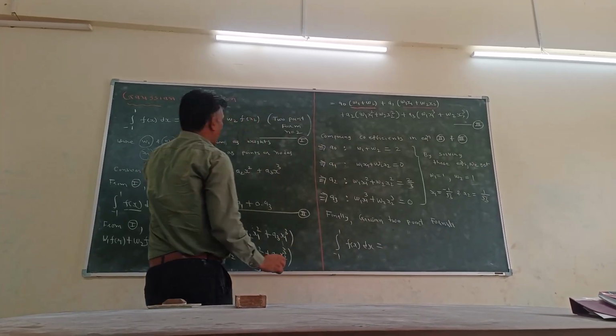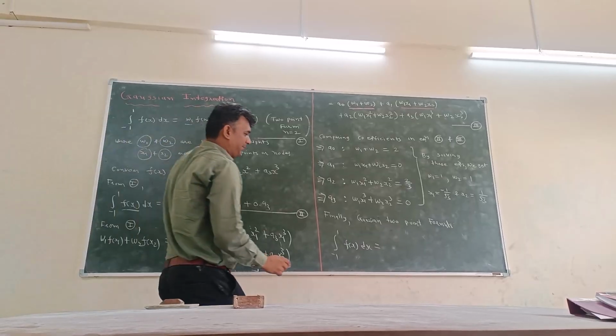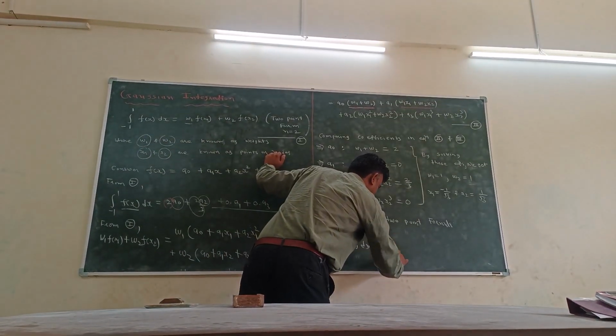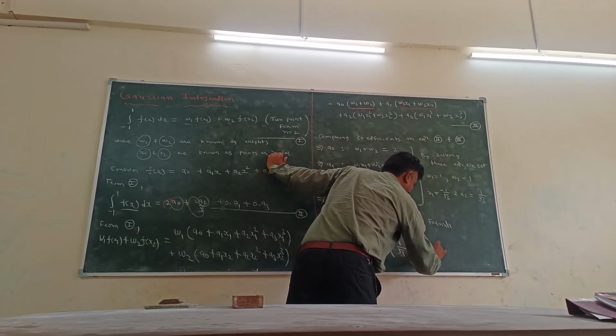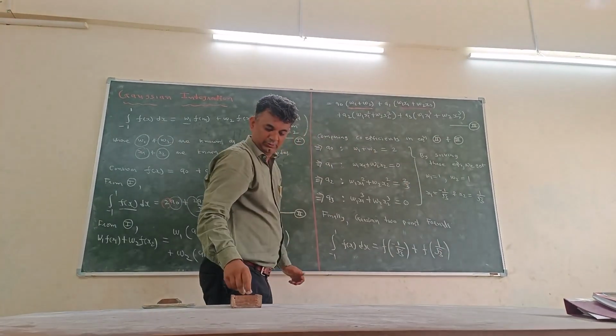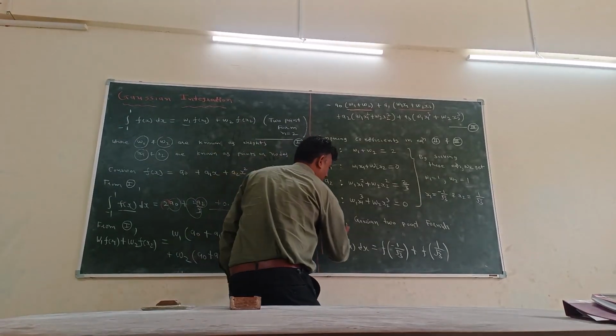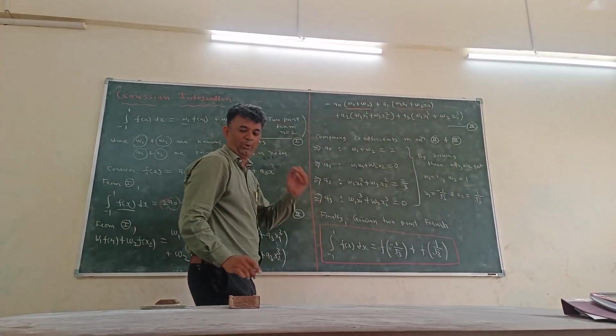Look at here, W1 is 1, W2 is 1, so I omit it. So it can easily be written as f of -1 by root 3 plus f of 1 by root 3. This is the Gaussian integration formula for 2-point.